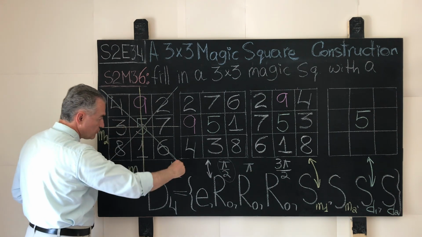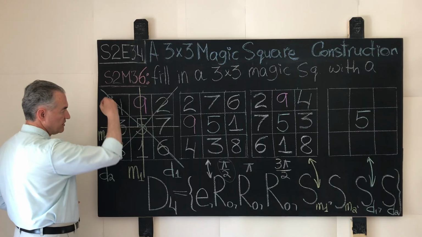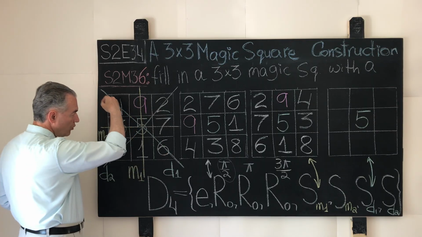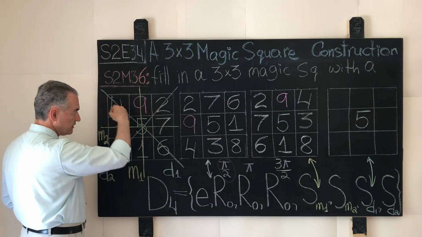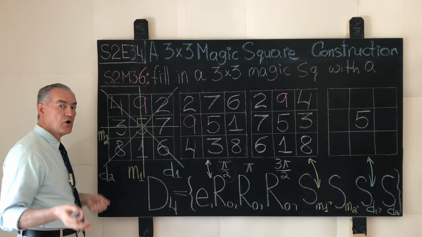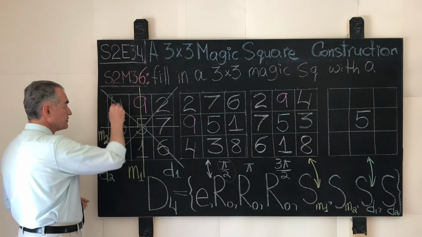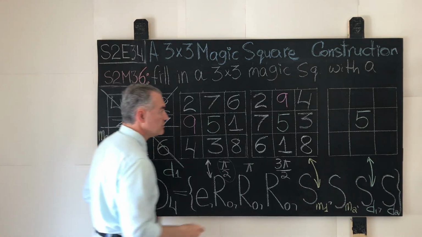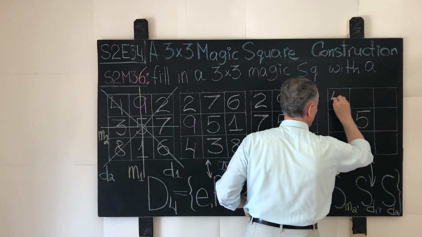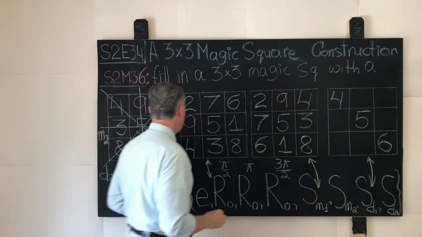If we reflect our square with respect to the axis of symmetry called D1, all the squares that live on that diagonal, let's call it the main diagonal, will remain fixed or immovable. They will not move anywhere. So the numbers 4, 5, and 6 will remain where they are.